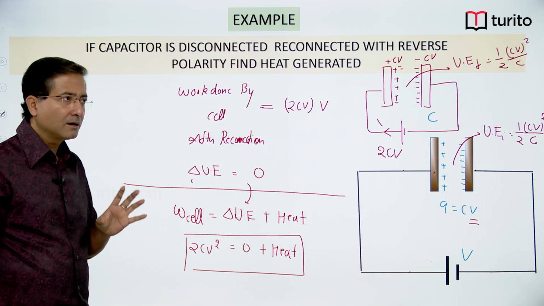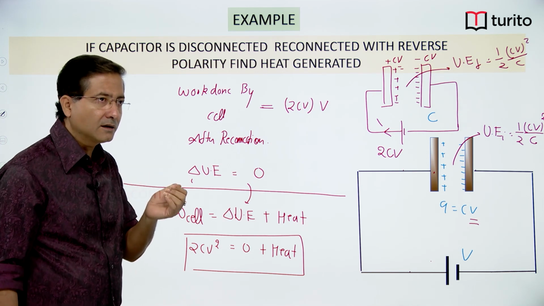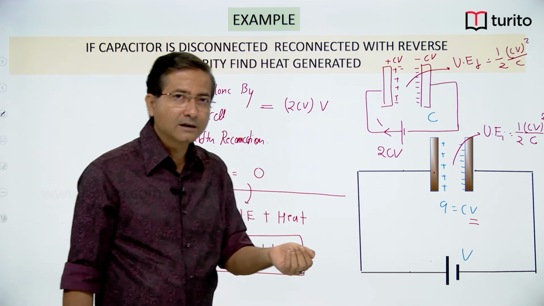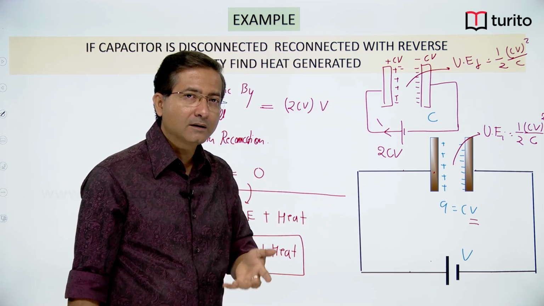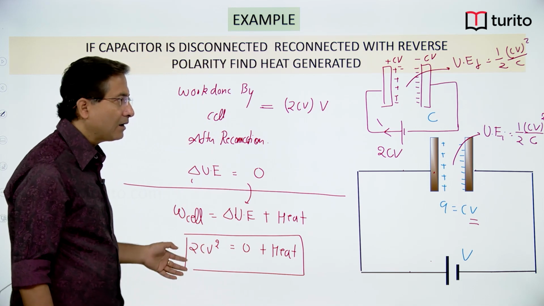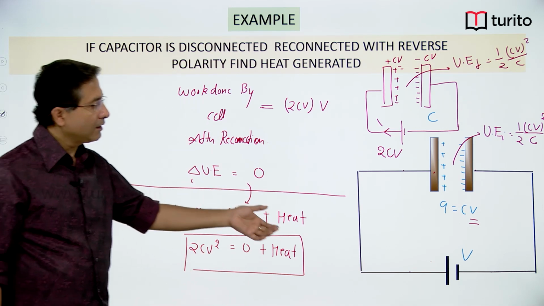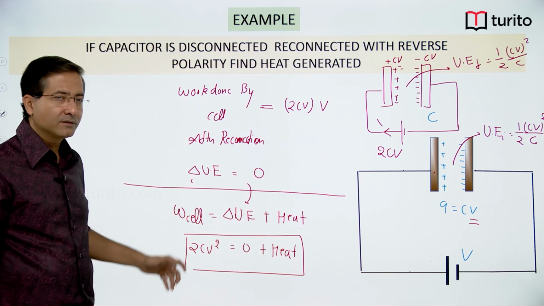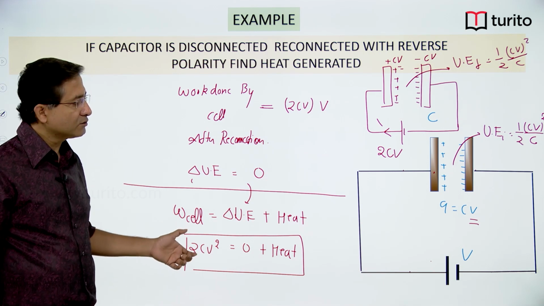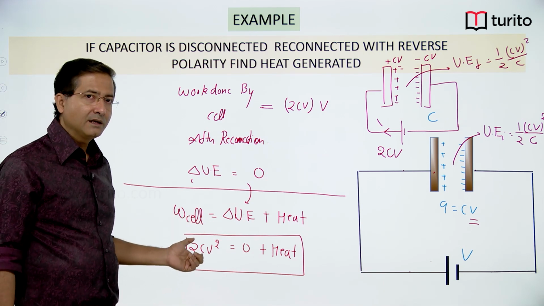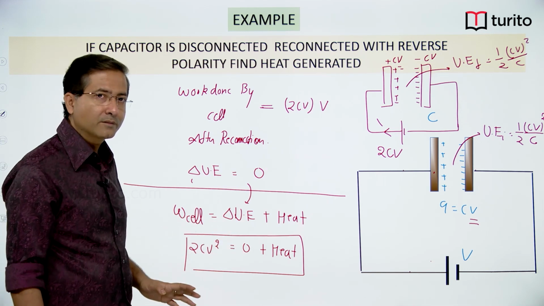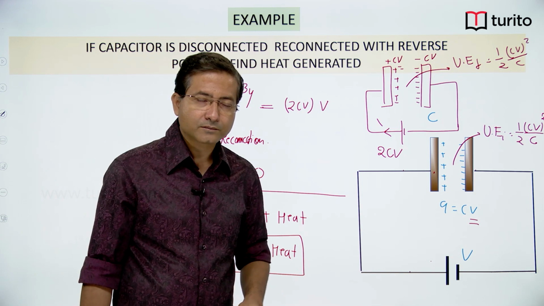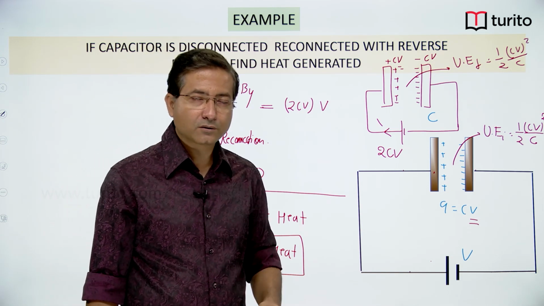That means the energy getting converted into heat may be any fraction of the work done by the cell. It might be half, it might be 0, or it might be the complete work done by the cell. So, in this situation, the whole work done by the cell is getting converted into heat, right. So, this is it for today's session.